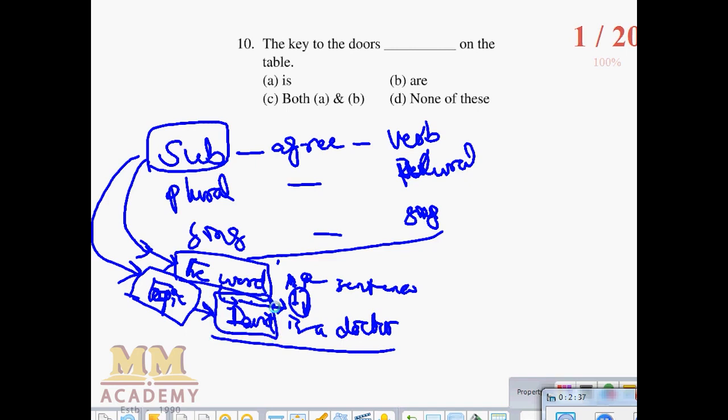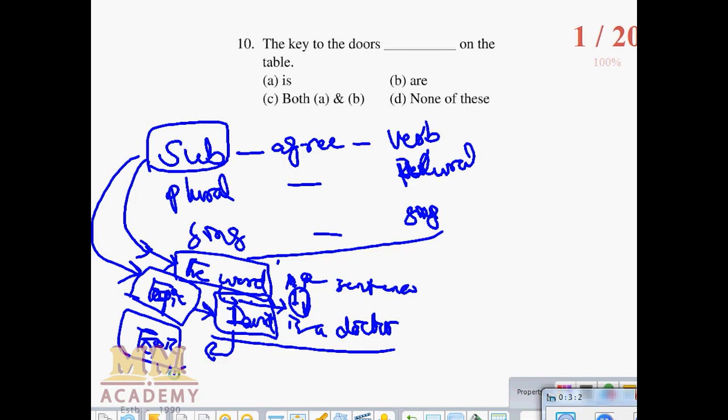So David is the topic of this sentence, and that's why we call David the subject, right? So that's how you can identify a subject. And it is not necessary for the subject to always come in the beginning of a sentence. Subject can come at the end of a sentence, anywhere in the sentence. You just need to identify it, right?